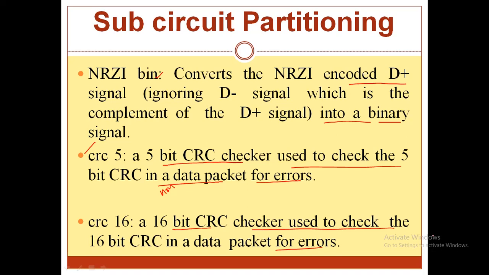Because decoding each and every time and then performing operations is a complex task, in order to overcome that complexity, first we convert to non-return zero. NRZI means non-return zero inverted. Once the data is converted to binary, the remaining operations are all carried out on binary signals, therefore it is easy.